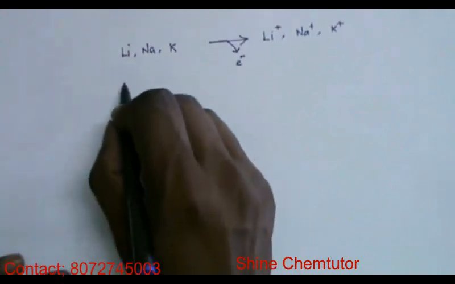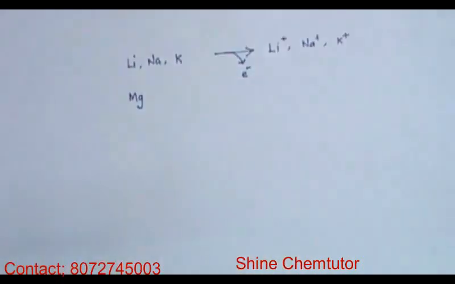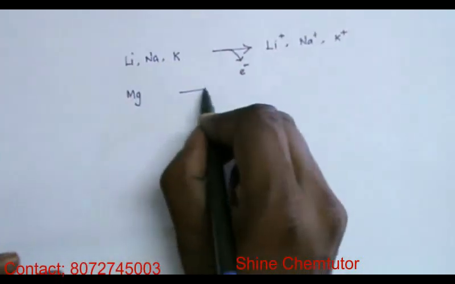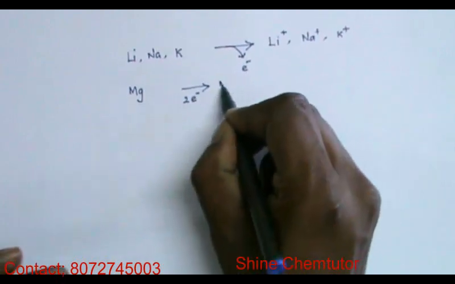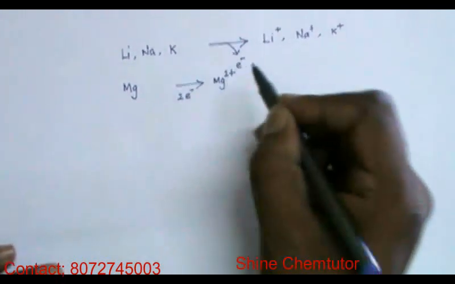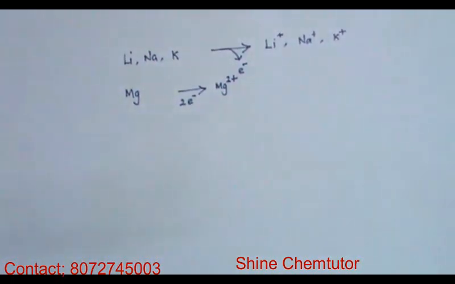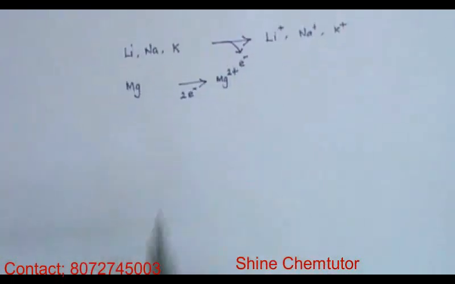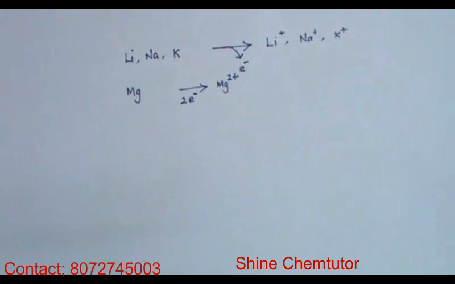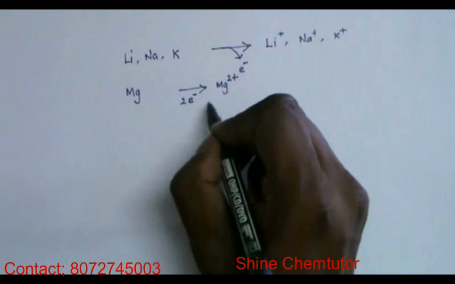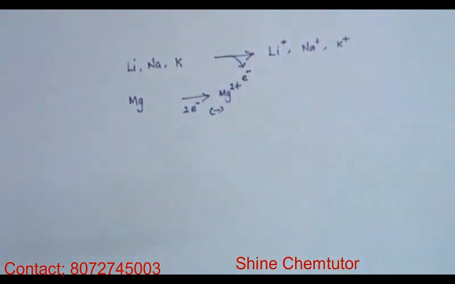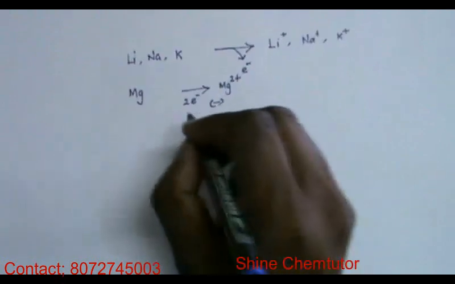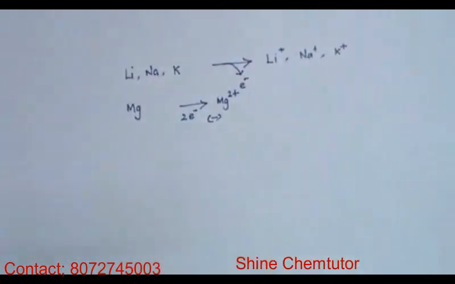Similarly, if you go for magnesium, this can lose 2 electrons and become Mg2+. Again, the electrons are not given as negative charge. They are 2 electrons. You should not consider this electron as the minus charge, whatever we use in carbanion or alkoxide. So it is 1 electron, like that 2 electrons are given.